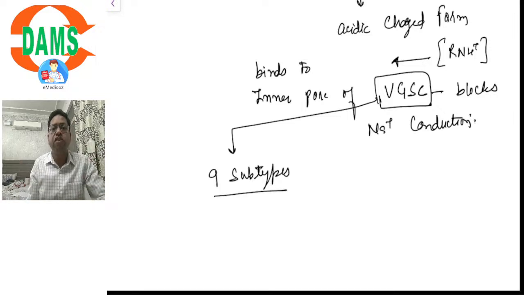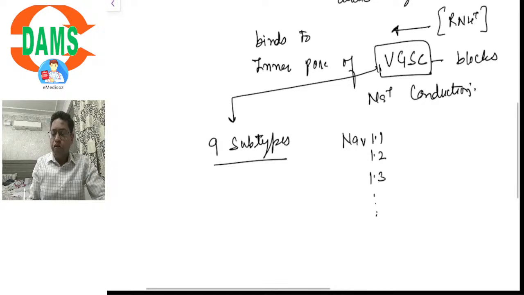They are distributed all over the sensory nerve fibers throughout the body, from the central nervous system to the heart to the muscles, etc. These 9 subtypes are represented as 1.1, 1.2, 1.3, and so on up to 1.8, 1.9.